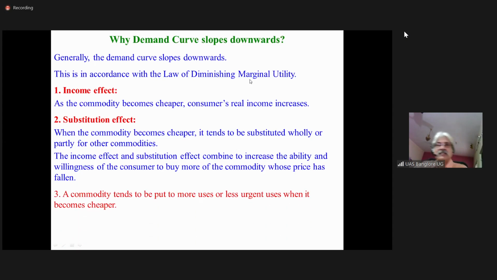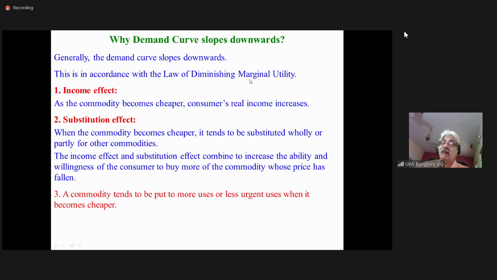And the third one is that a commodity tends to be put to more uses, or less urgent uses, when it becomes cheaper. Electricity. If the electricity charges are very high, per unit 15 rupees, then you will use it only for lighting. Even for the fan, you'll say, no, please switch it off.